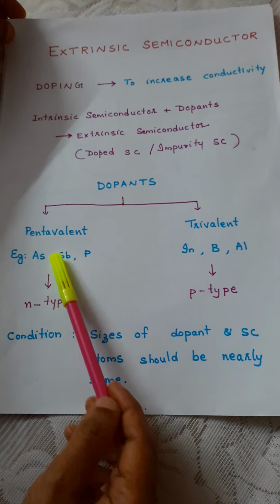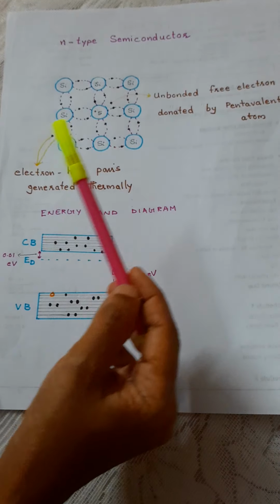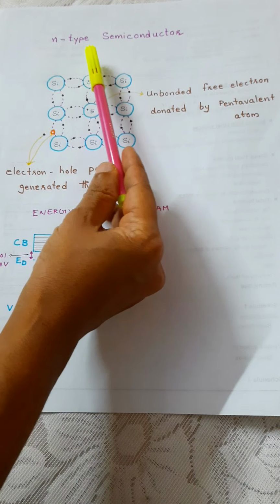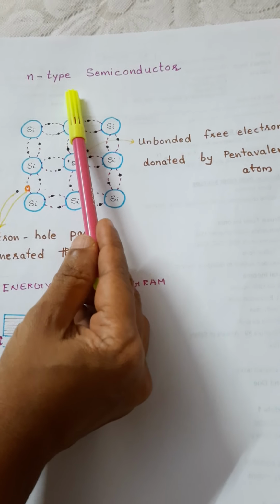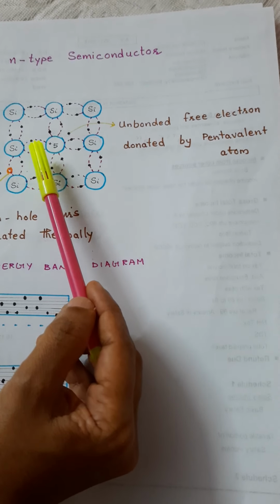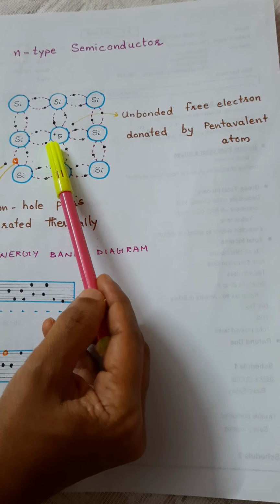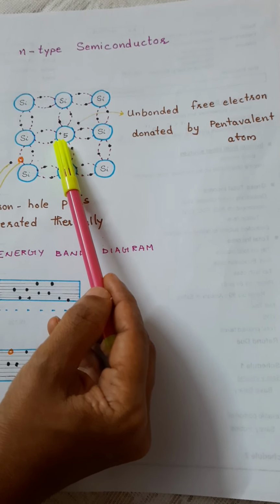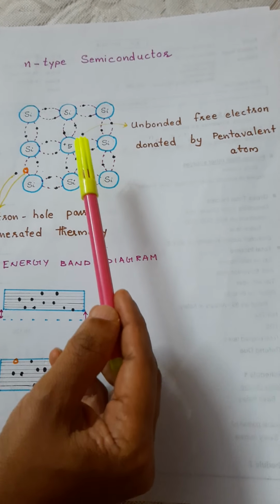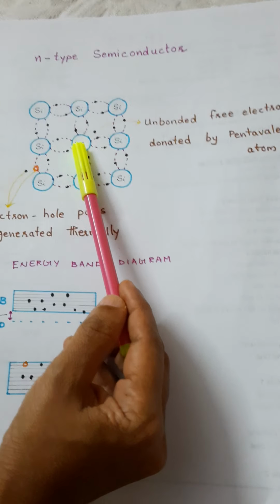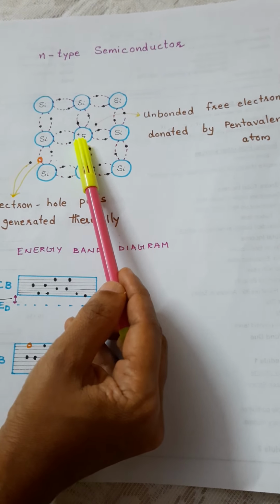Now let us see N-type semiconductor. In an N-type semiconductor, we are adding pentavalent impurity. For example, arsenic is added to a silicon crystal. The impurity atom replaces one of the silicon atoms.